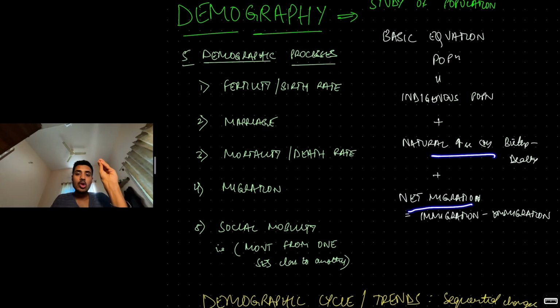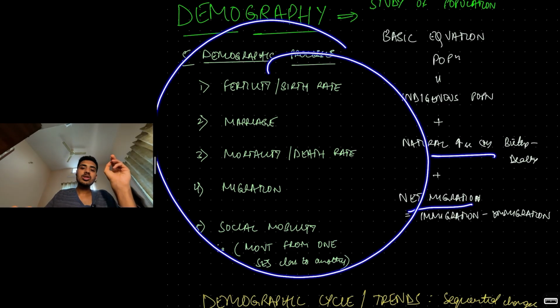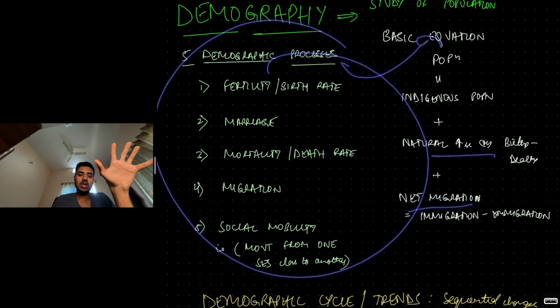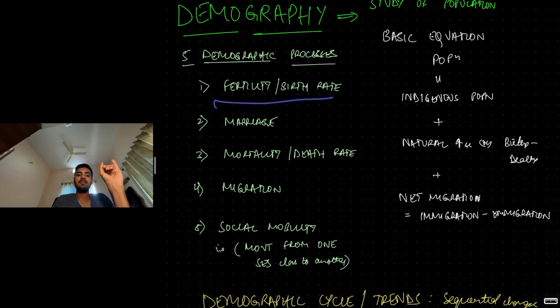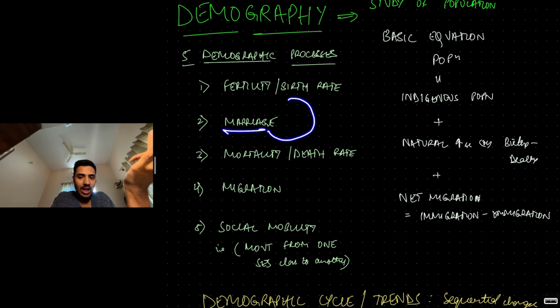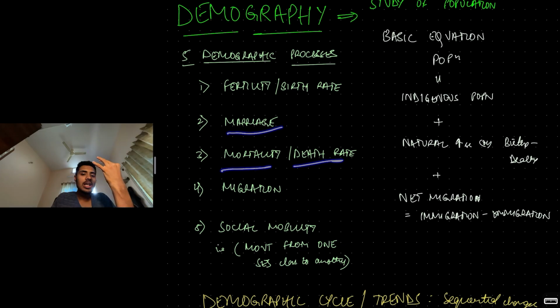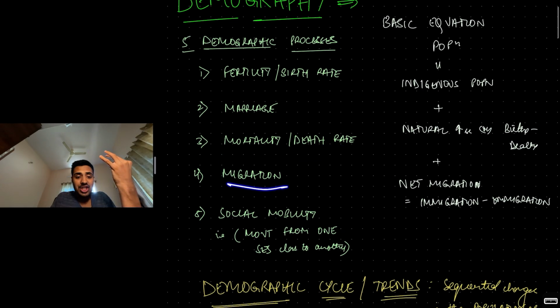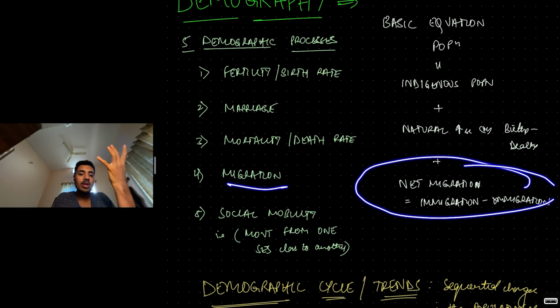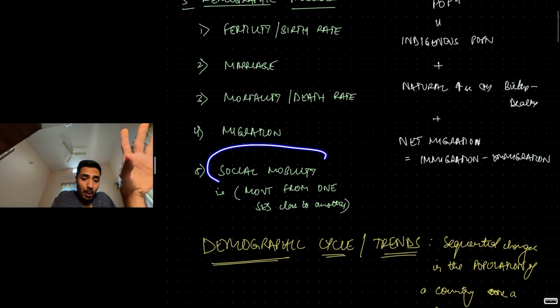So what are the 5 demographic processes that can affect the population? Fertility, birth rate. Giving birth will influence the population. Marriage only ends up resulting in fertility or birth rate in a country like India. So marriage. Mortality, death rate, that will definitely decrease the population. Migration affects the population. Just now I told net migration. Social mobility. This is a bit different.